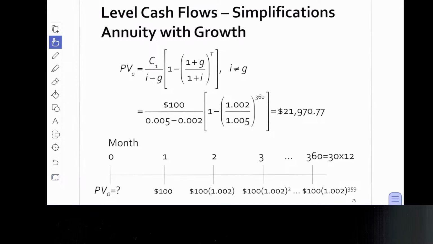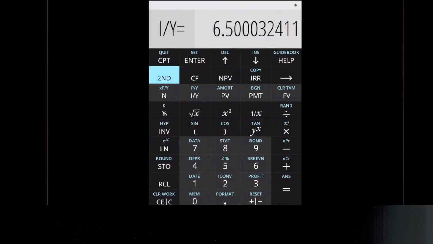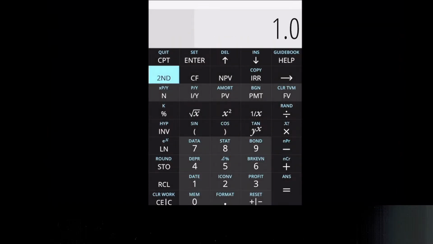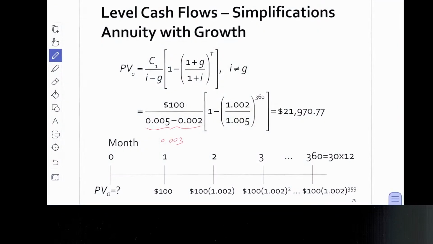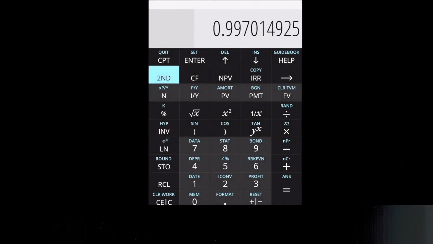So what we have here, before I enter this into the calculator, I'm going to simplify this a bit, 0.003, and here goes. I'm going to do these keys. 1.002 divided by 1.005, I got to go back to make sure. It's 5%, right? Okay. Equals, now that's in the brackets.